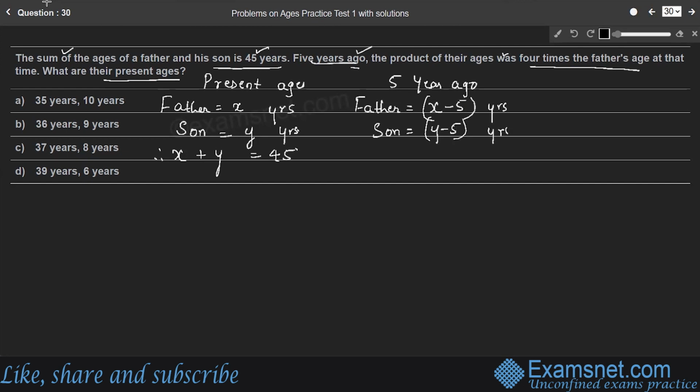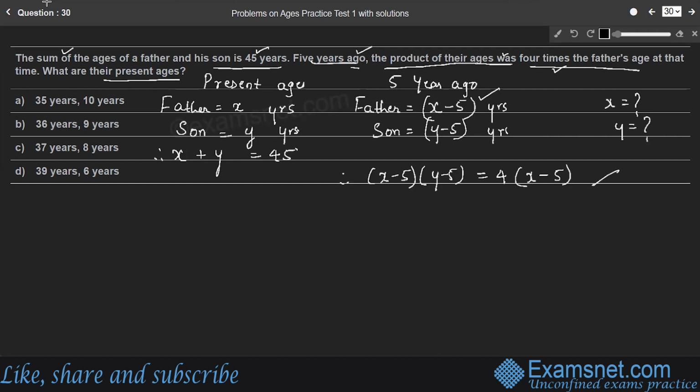And the product of their ages, therefore, X minus 5 into Y minus 5. It is given that the product of their ages was 4 times father's age at that time. So 4 times father's age at that time means 4 times X minus 5. So what are their present ages? That means we need the value of X and Y.